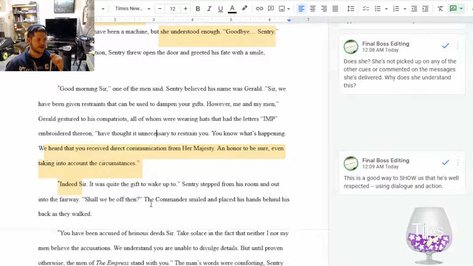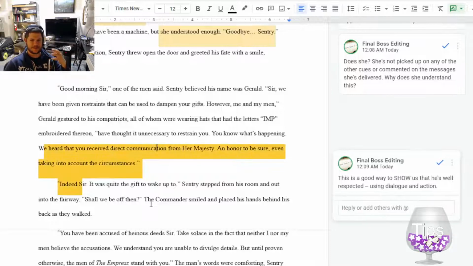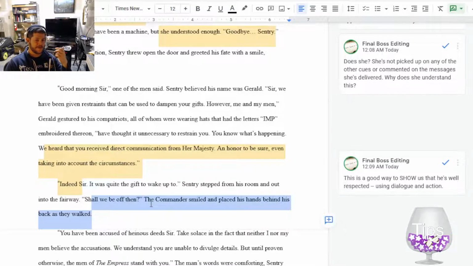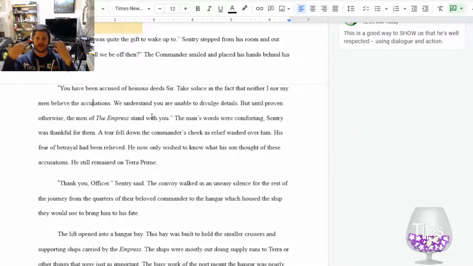I think this is one of the stronger uses of dialogue to communicate what's going on. I see that this person is really well respected, a great commander that's maybe getting thrown under the bus. He's not really reacting in the way that I would expect. So I'm getting the sense that there's some sort of mental block that he's able to generate to protect his mind or whatever, but we'll see.